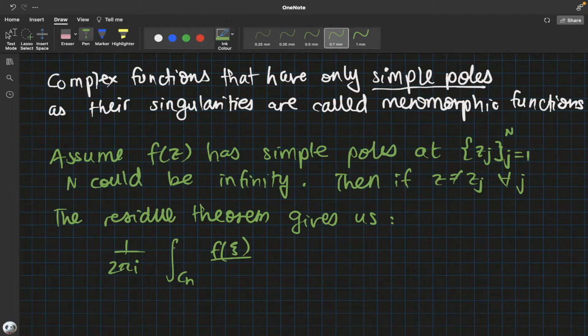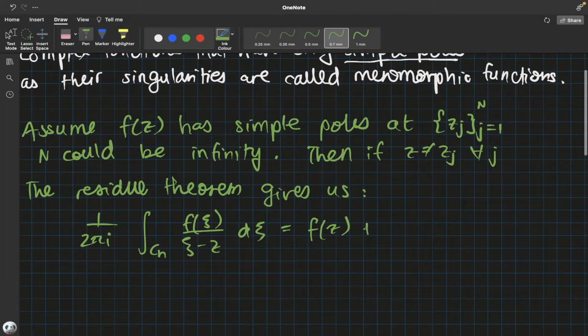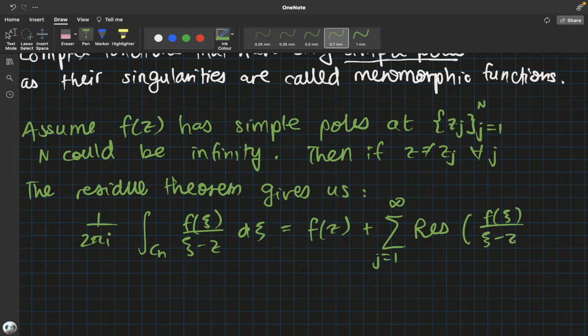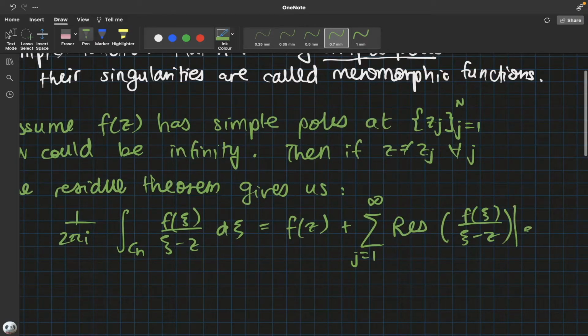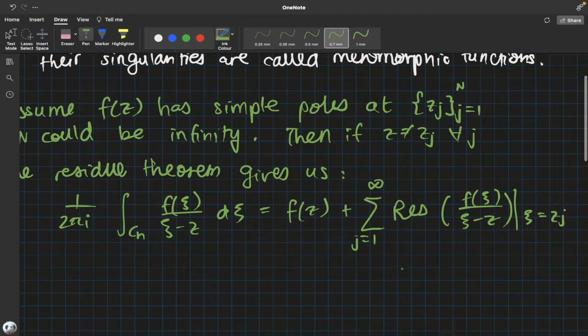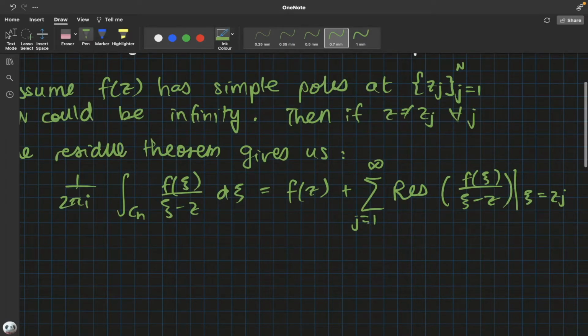The integral of f of c over c minus z dc is f of z, the pole at z from the denominator, plus the residues at all of these simple poles, the residue of this at all the different j's.